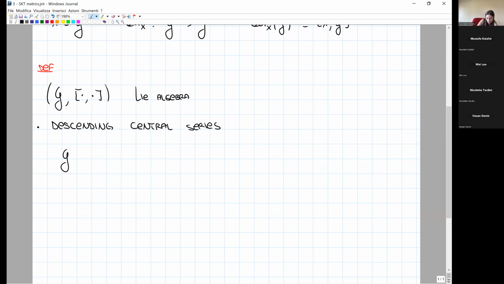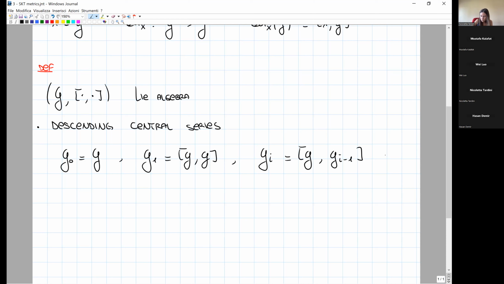We can set G0 to be the Lie algebra itself, G, then we define G1 to be the commutator of G and G. So in G1, we have commutators of elements in the Lie algebra. And in general, we will define Gi to be the commutator of G, the whole Lie algebra, with the previous space, Gi minus 1. This is for i greater or equal than 2.